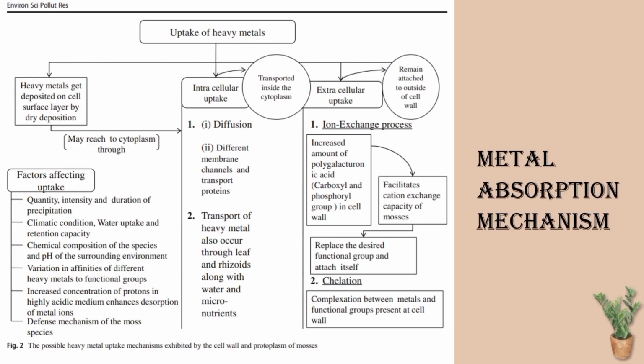The most probable and accurate mechanism of heavy metal accumulation is the cation exchange capacity, or CEC, of the cell wall. CEC is the maximum number of cations exchanged with anions in the cell wall per gram dry weight of the tissue. This is the number of protons that bind to the tissue in a form that can be exchanged for metal ions.